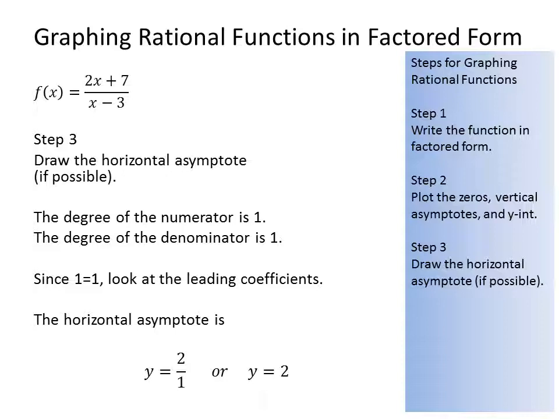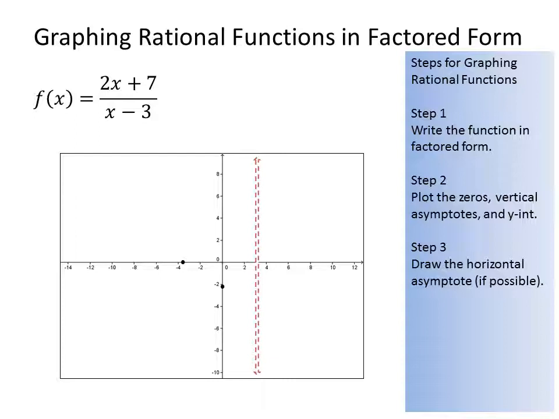The coefficient of the top term is 2, the coefficient of the bottom term is 1, so that tells us that there's going to be a horizontal asymptote at 2 over 1, or simply y equals 2. We can draw that horizontal asymptote as a horizontal line that goes through 2. I also like to use a dotted line to indicate that there is a horizontal asymptote here.